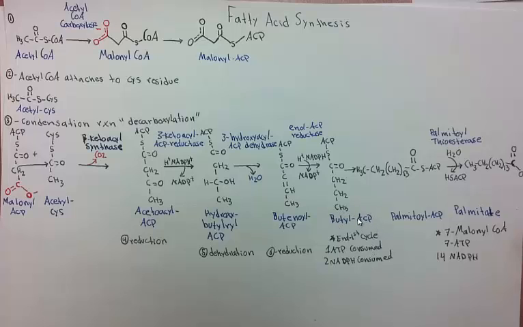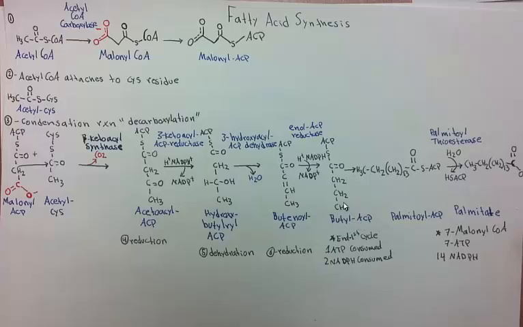So essentially, after this step, the whole reaction is going to be repeated. This growing acyl chain is going to be transferred onto a new cysteine residue, and this whole process is going to repeat again.